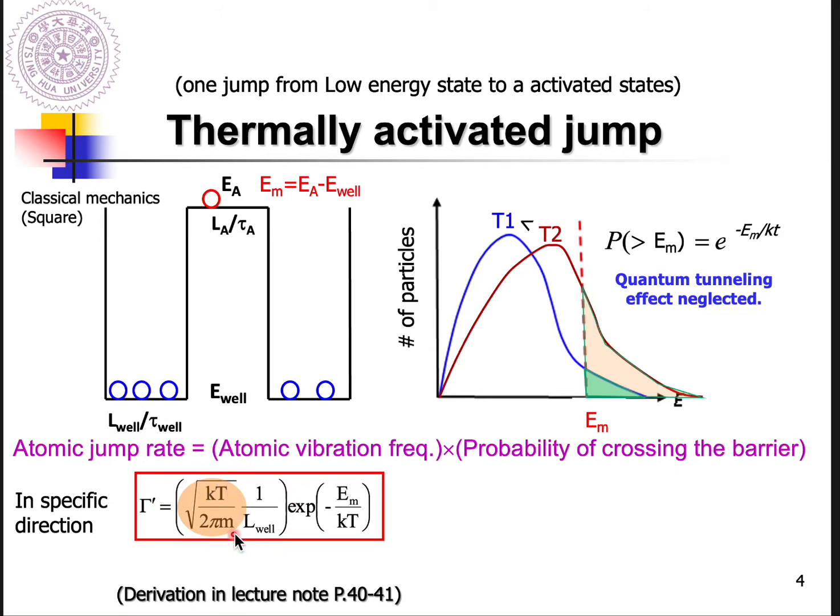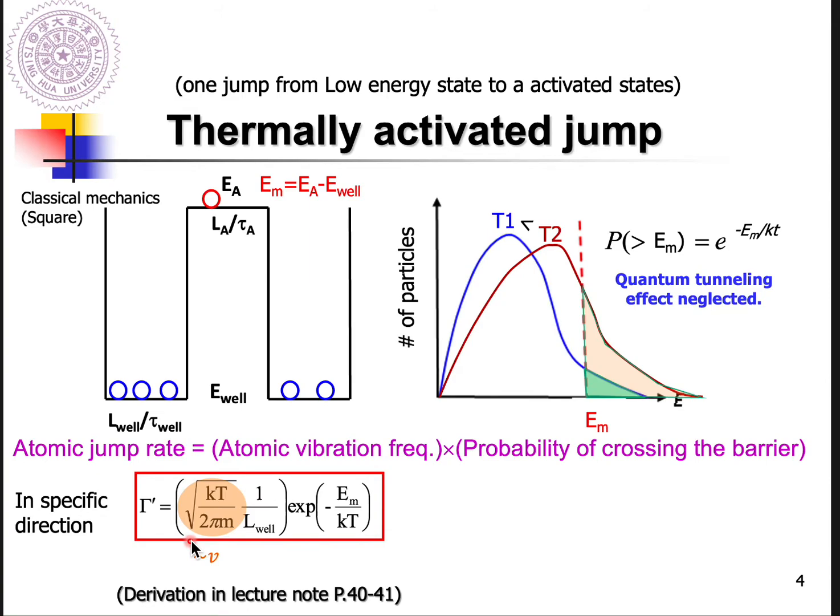And the first term is the atomic vibration frequency. Actually, you can consider how to estimate that. Based on classical mechanics, the velocity of this atom can be expressed as the square root of kT over 2 pi m. You can consider kT as the thermal energy, so the energy divided by the mass, take the square root of it.